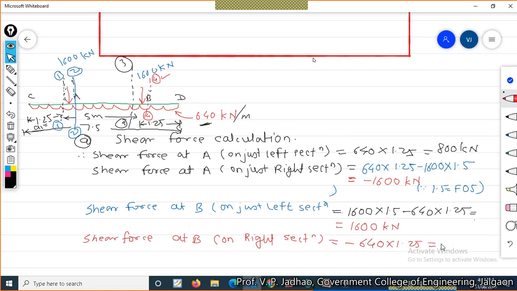So this will be equal to minus 800 kilonewton.